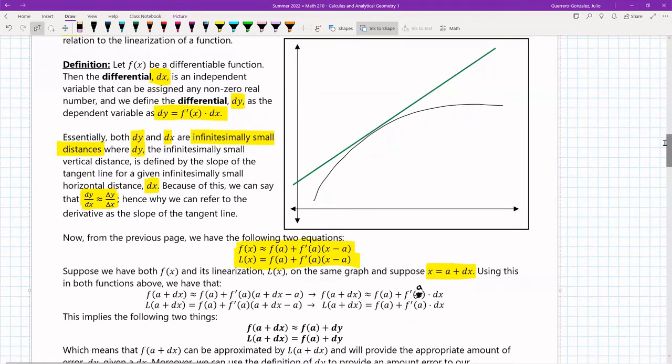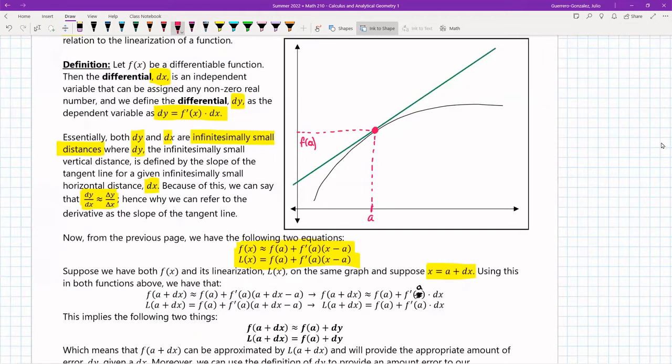So let's pretend, let's make believe, that this approximation is good for here. That's what I wanted to show you guys. So let's say this is a. We know that this is going to be some f of a.